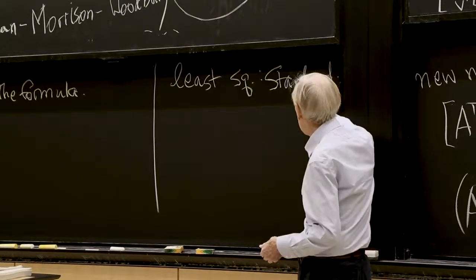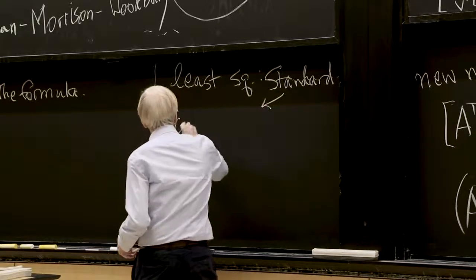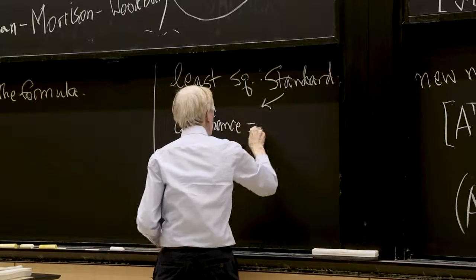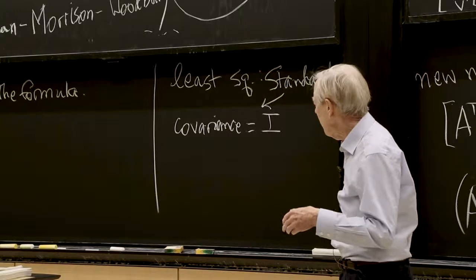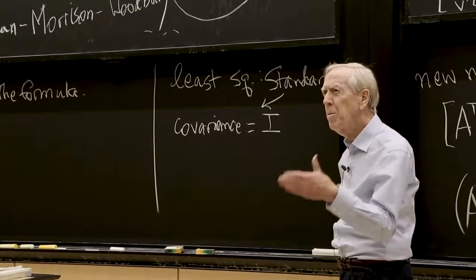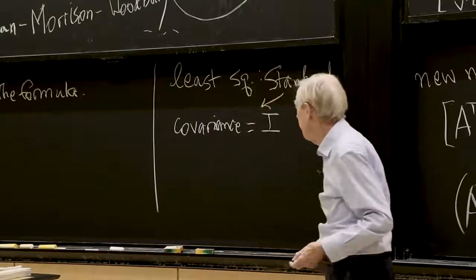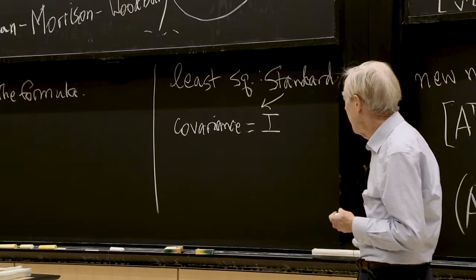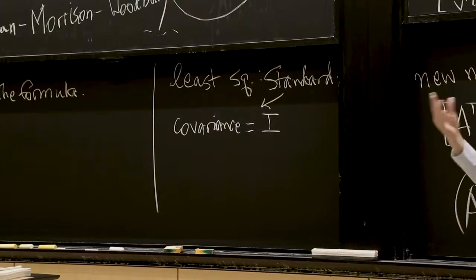So the standard one means covariance equals the identity matrix. You're doing Gaussian normal probability, but with just standard Gaussians.